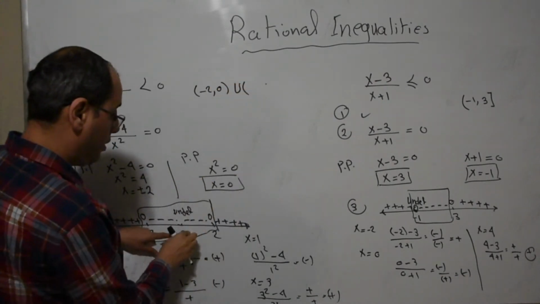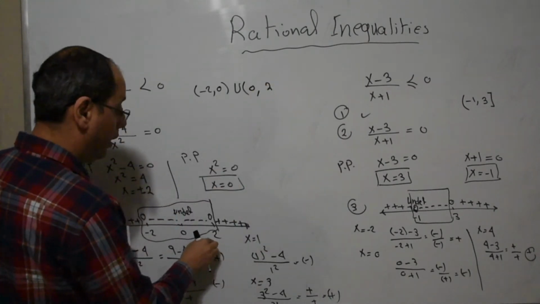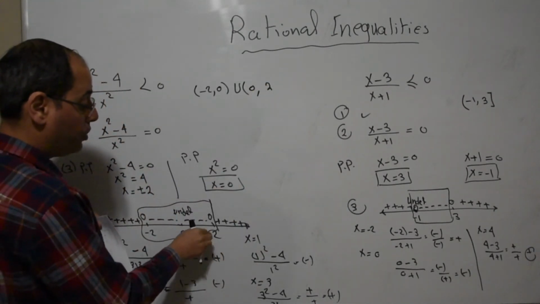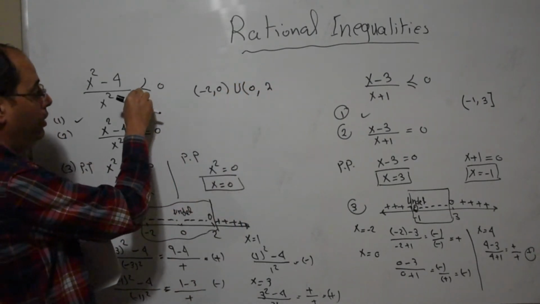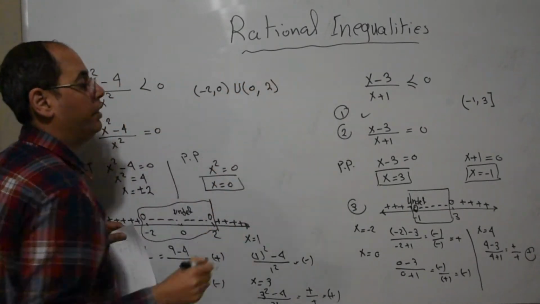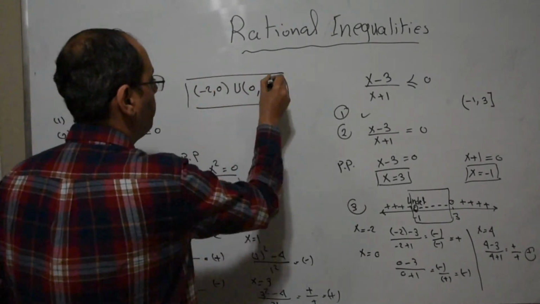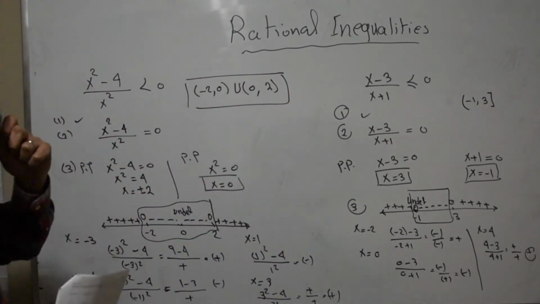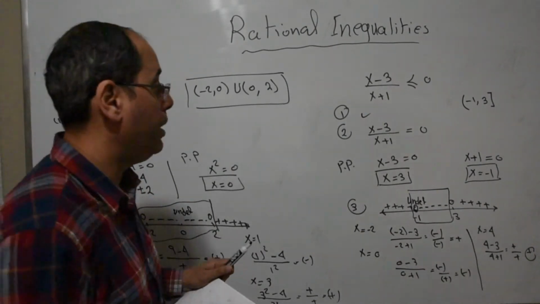Union, again, 0 and 2. And 2, even though it's 0 at 2, I can't make it brackets because I don't have equal here. So I make it parentheses. So this is my solution. Okay. Alright, let's get different ideas, but with the same steps.